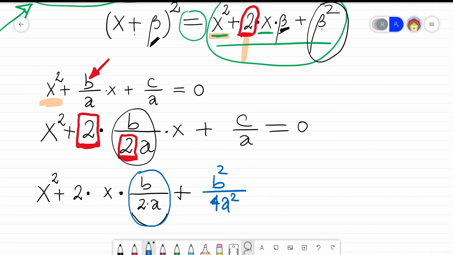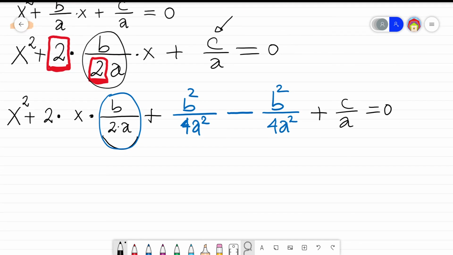But again, I cannot change the original values in the equation. I'm adding something, I cannot do that. So, to get rid of the problem, I subtract the same thing. Because plus something minus that something equals doing nothing. There you are. And plus c divided by a. That actually I want to put in black color because this is not a trick, this is just the value we had in there.